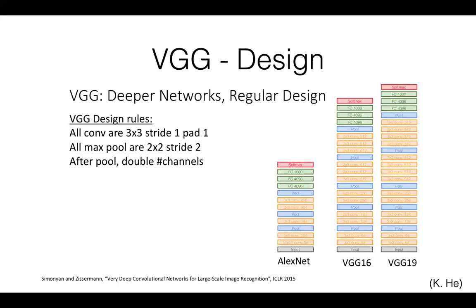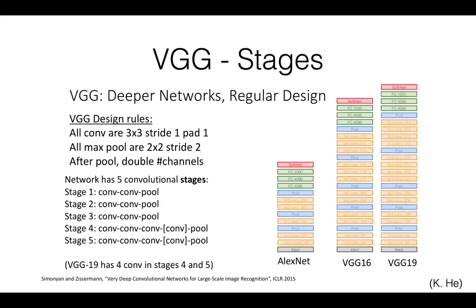You see that compared to AlexNet, VGG has 2 versions, VGG 16 and VGG 19: one with 16 layers and the other with 19 layers. The difference is in the structure: the first 3 stages have 2 convolutions before one pool, and stages 4 and 5 have either 3 convolutions or 4 convolutions before a pool.